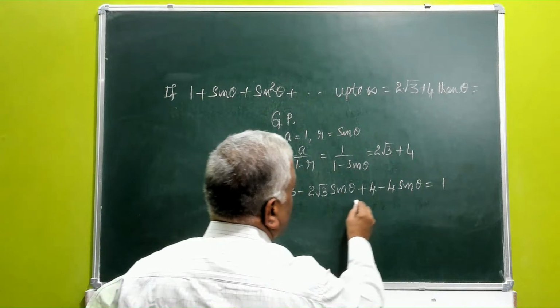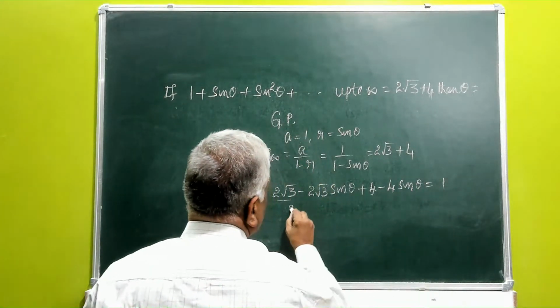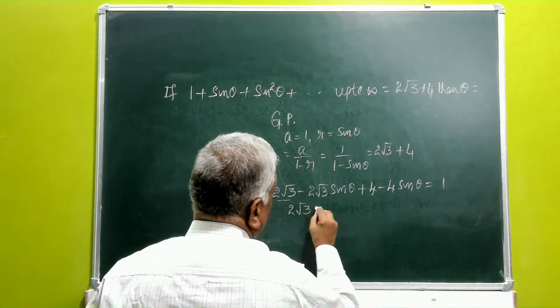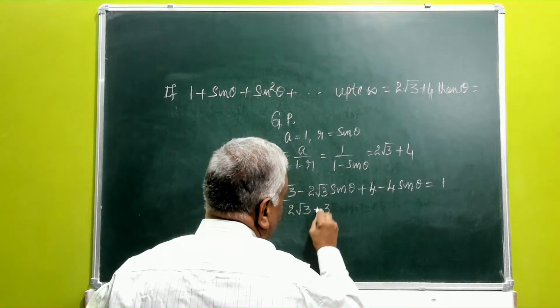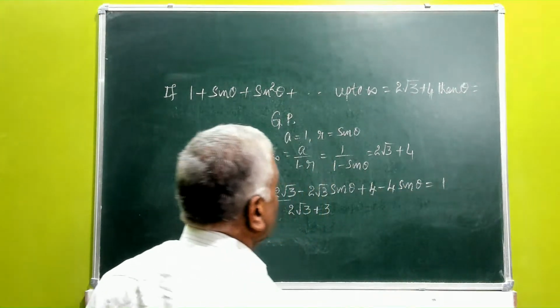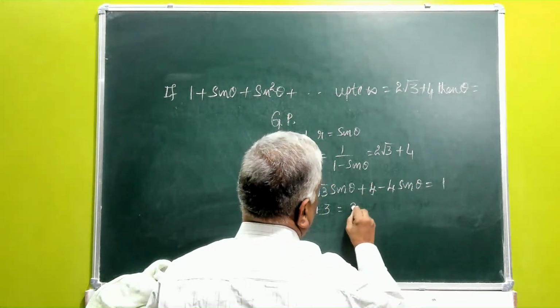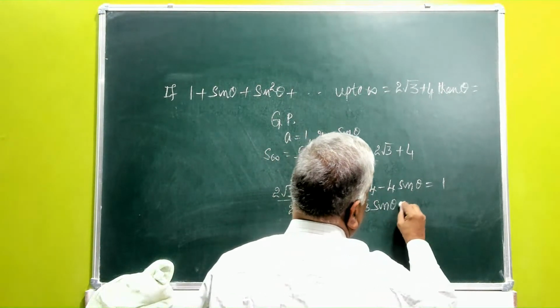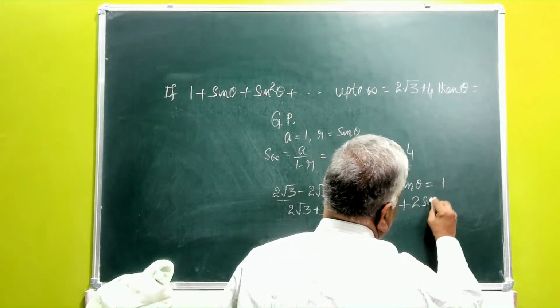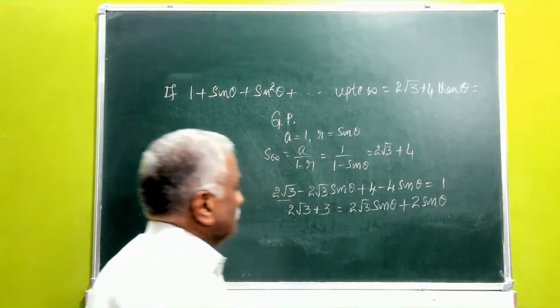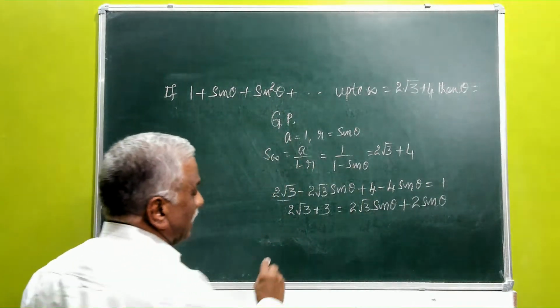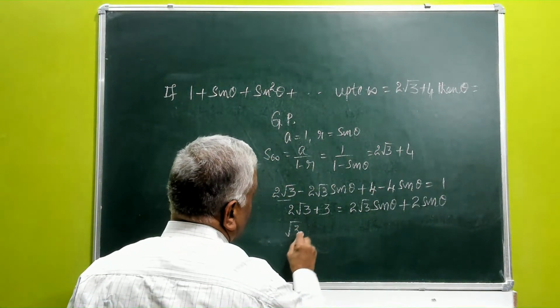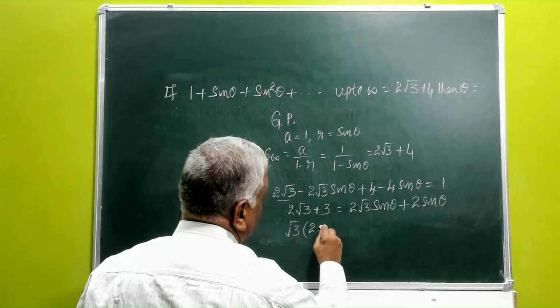You got 2 root 3, 4 and 1. So 2 root 3 plus 4 minus 1 is 3 plus 2 root 3, which is equal to 2 root 3 sin theta plus 4 sin theta. What can we take common? You can take root 3 common here. You get 2 plus root 3.